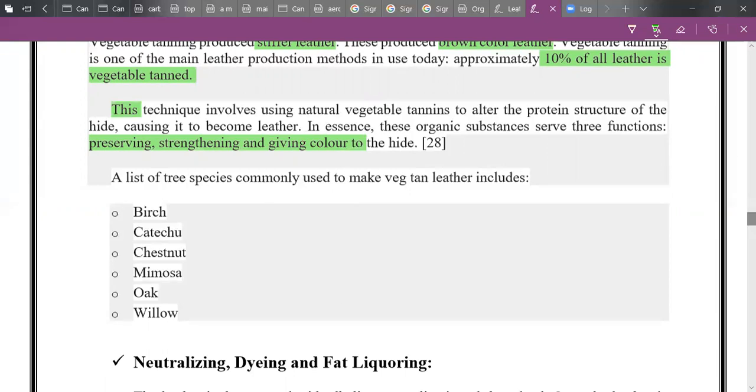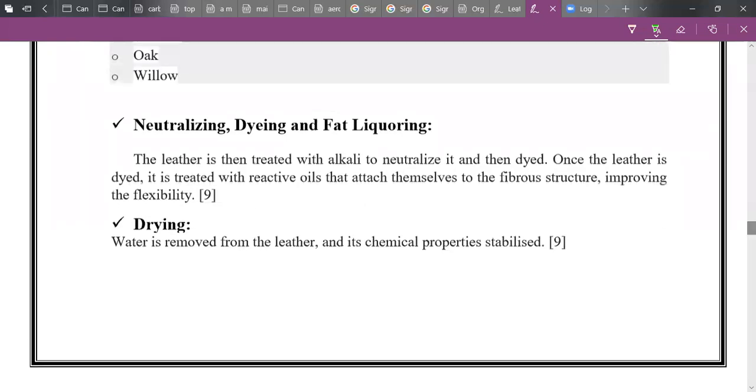After the tanning, neutralization, dyeing and fat liquor process steps are involved. After the tanning, we can treat the skin with alkali to neutralize it, because in pickling we decrease the pH up to 3.